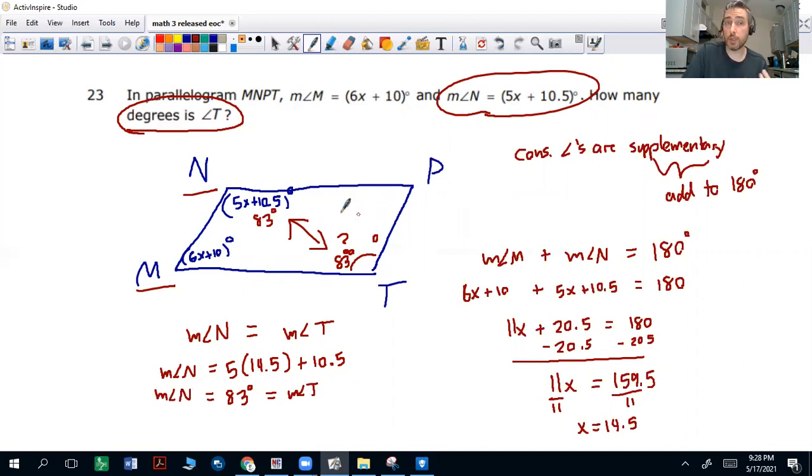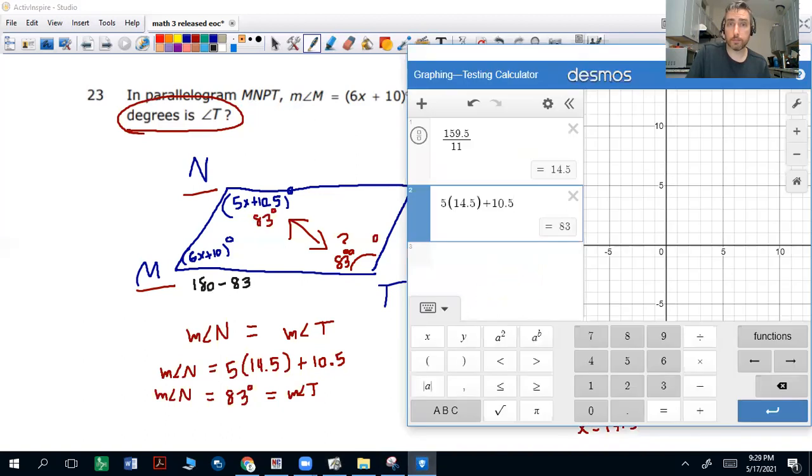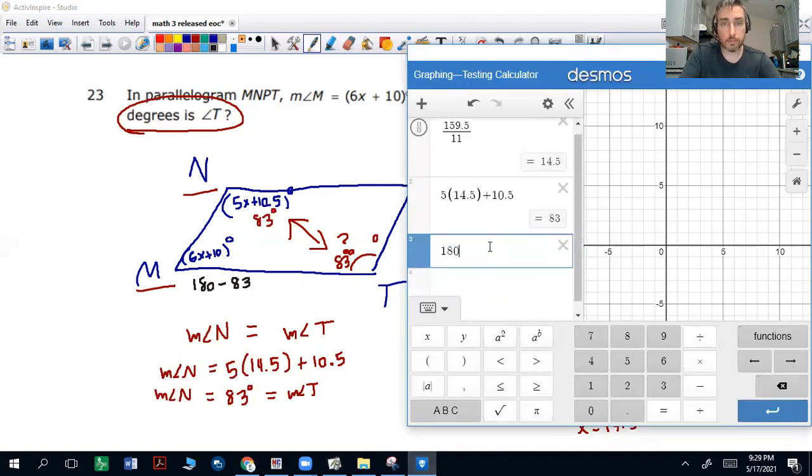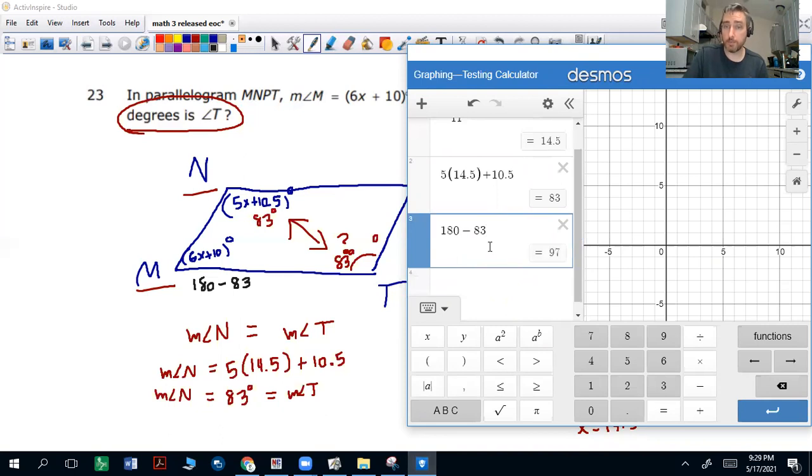And the other one, you can get a couple different ways. If I want to know the measure of angle M, I could do 180 minus 83, since I know these two add to 180. There's your 97.